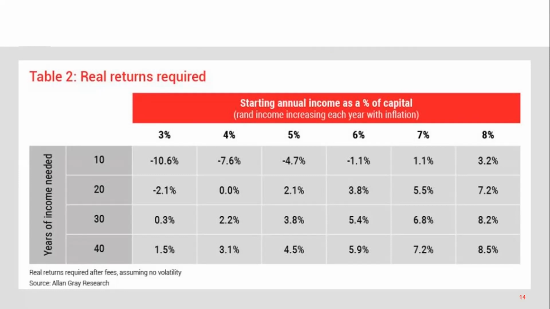If your starting income requirement is, for example, 8% of capital, your required real return increases to 8.2%. At higher levels of required return, you're going to need to take on significant investment risk to stand any chance of achieving the target returns. And that's quite scary to think of.